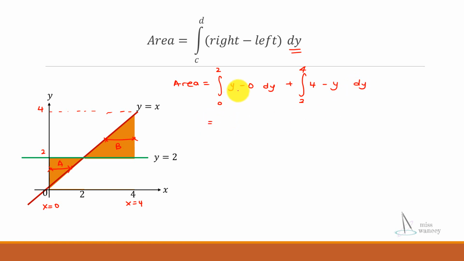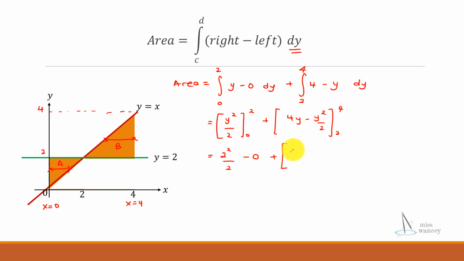Okay, so integrate them. So this is y squared over 2, from 0 until 2, plus 4y minus y squared over 2, from 2 to 4. Okay, so substitute the upper limit and the lower limit. We are going to get 2 squared over 2 minus 0 plus, over here we have 4 multiplied with 4 minus 4 squared over 2, minus 4 multiplied with 2 plus 2 squared over 2.